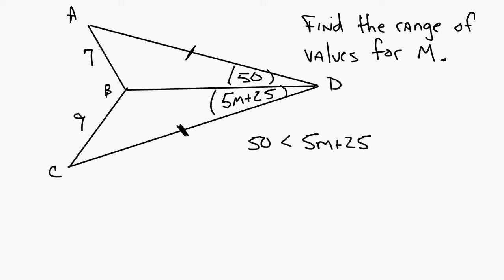Now, that sets the bottom of the range of values. When you're finding a range of values, you've got to have a bottom and a top, right? You've got to have a lower limit and an upper limit. So in this case, how do you set the upper limit? 180. Right. The 5M plus 25 is greater than 50 degrees, but it's got to be less than 180 degrees.